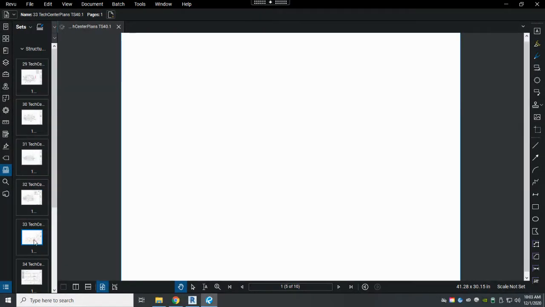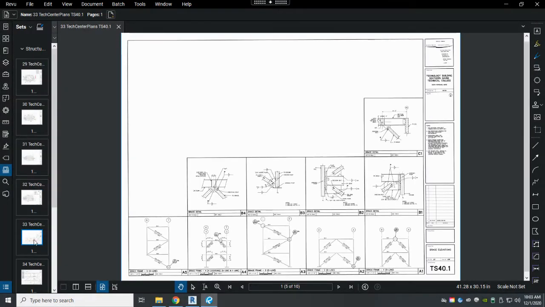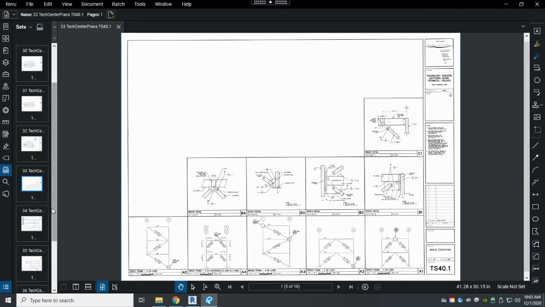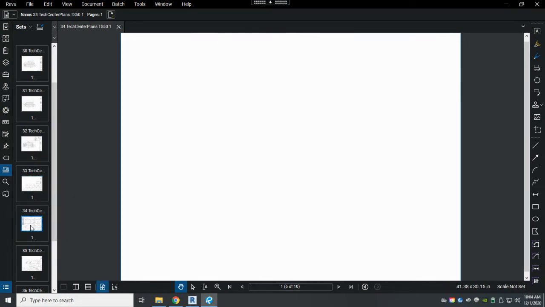Then it goes on to a lot of bracing details and structural connections with beams, and these are close-ups of how the beams are being connected, or I should say rather how the floor trusses are being connected to the beams.